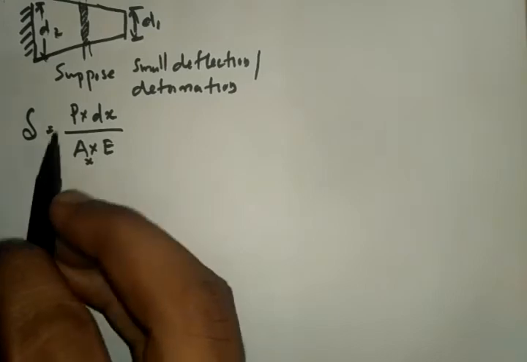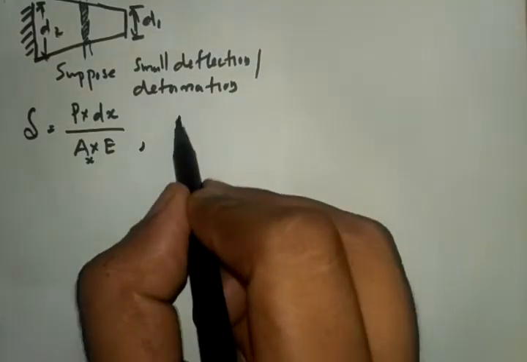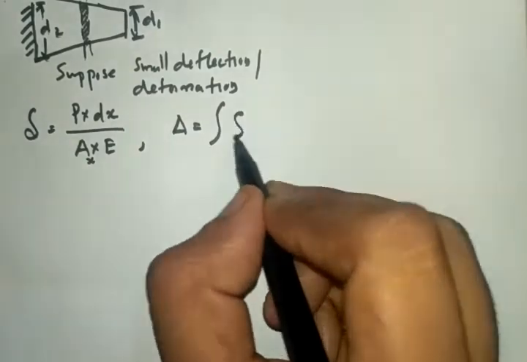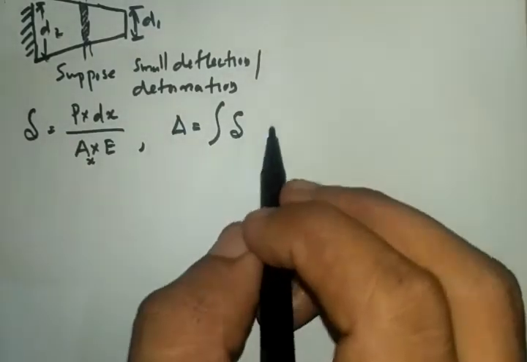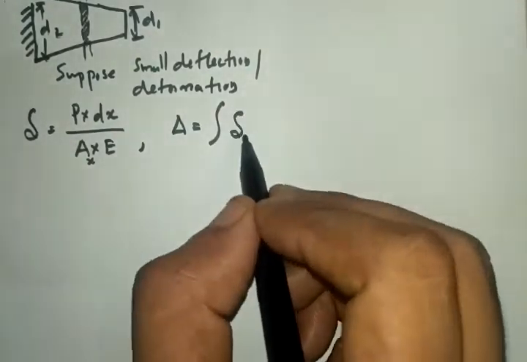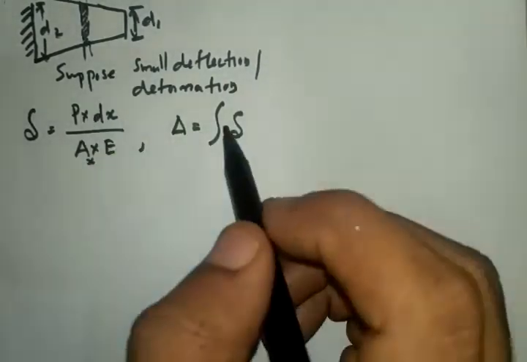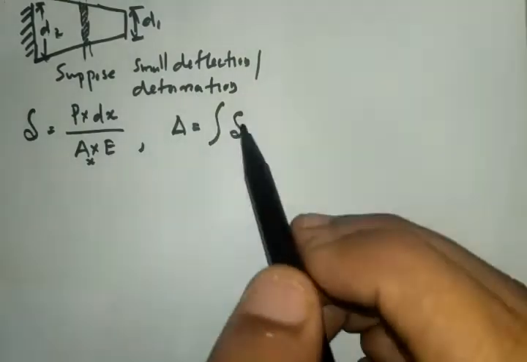Now the total deflection, that is delta, is equal to the integration of this small delta. Total integration of the delta will give you the total deformation of the member.